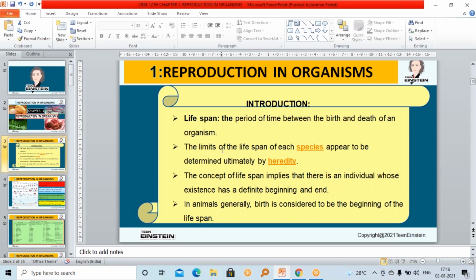And what is the concept of lifespan? What can you understand from the concept of lifespan?